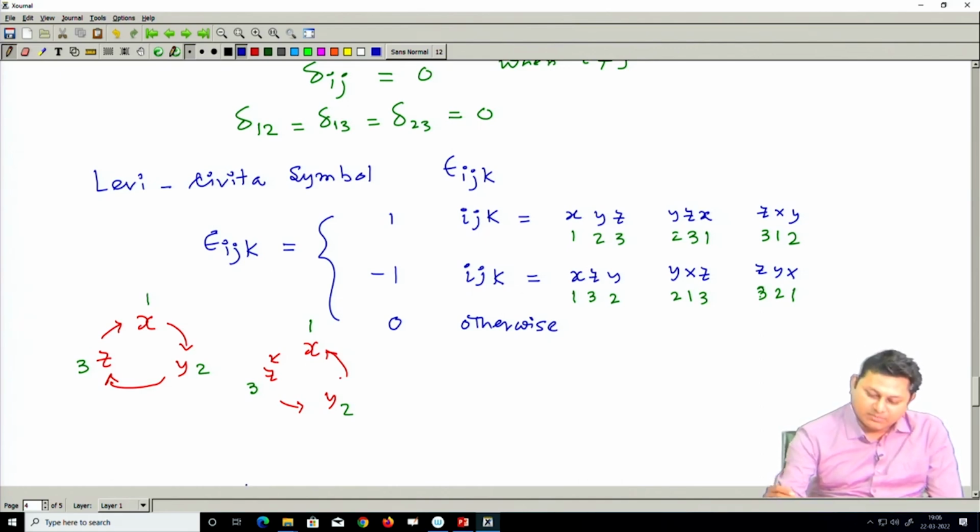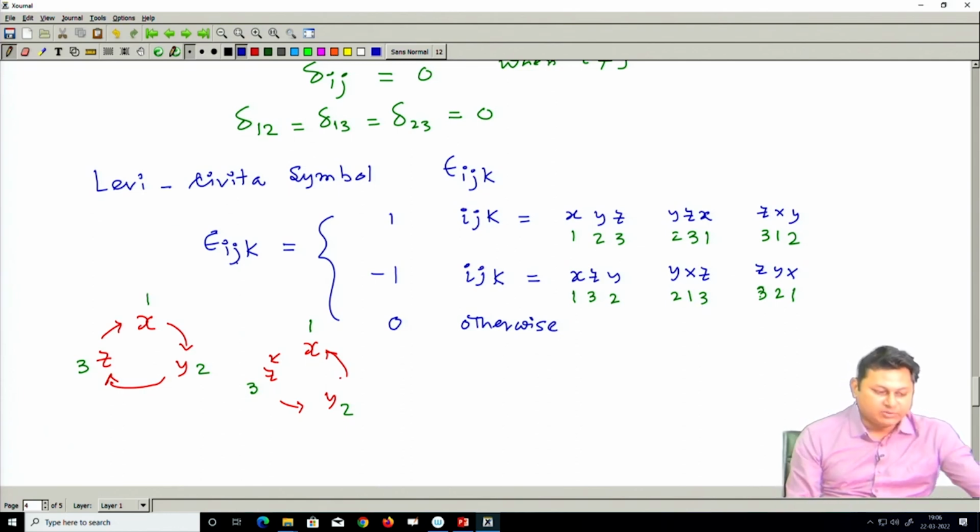So, these 3 combinations will give you 1, these 3 combinations will give you -1, but all the other combinations, when we have a repetitive value, for example, here x y z are all distinct, 1 2 3, 2 1 3, but if you have say 2 1 1, then this quantity will be 0.